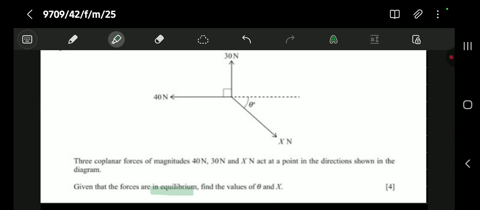Whenever we have the case of equilibrium, that means there is no acceleration.